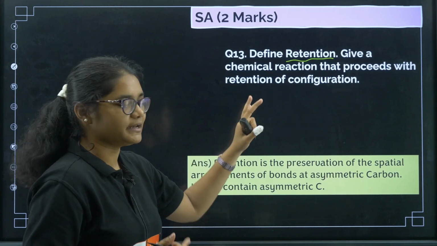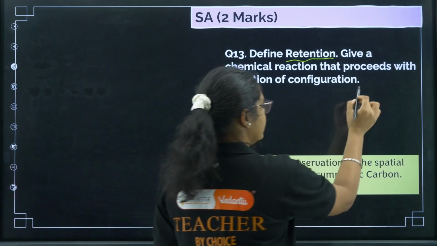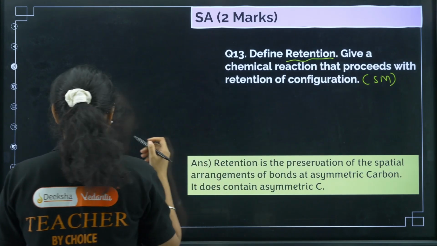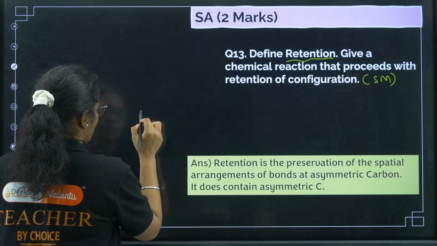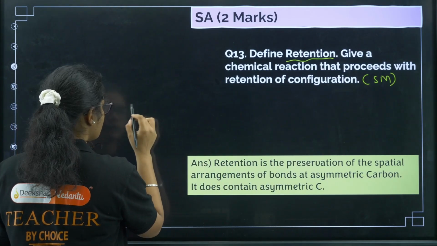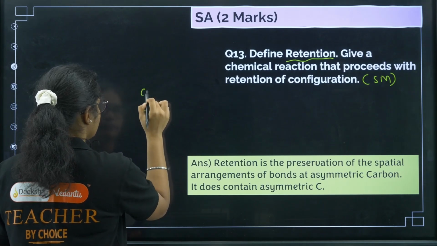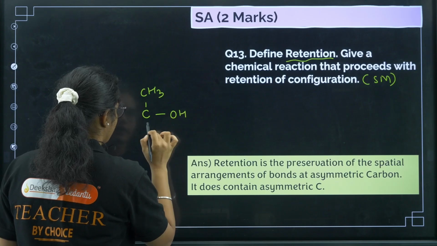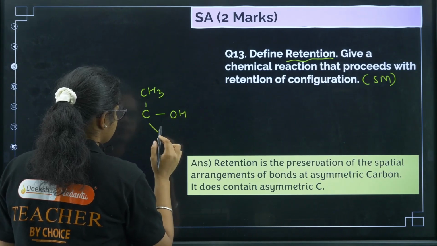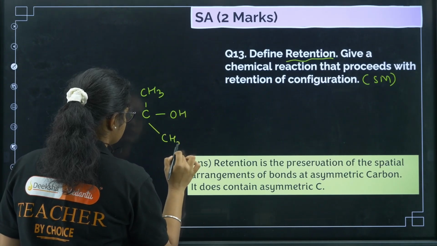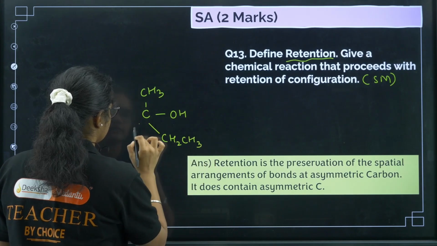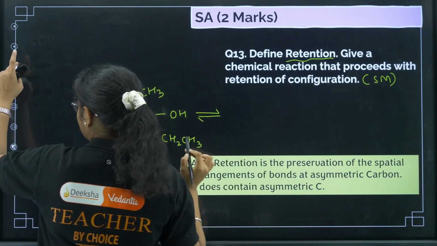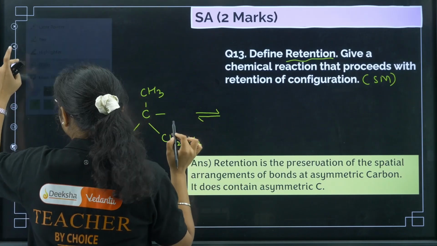So here you need to give an example. So here if you do any SN1 reaction, retention will be there. So let us try, suppose we are reacting butan-2-ol, right? So what will happen if I am reacting butan-2-ol? So I have OH and I have here CH2, CH3, and this side H is there, right? So in the first step what happens? I'll react butyl chloride.